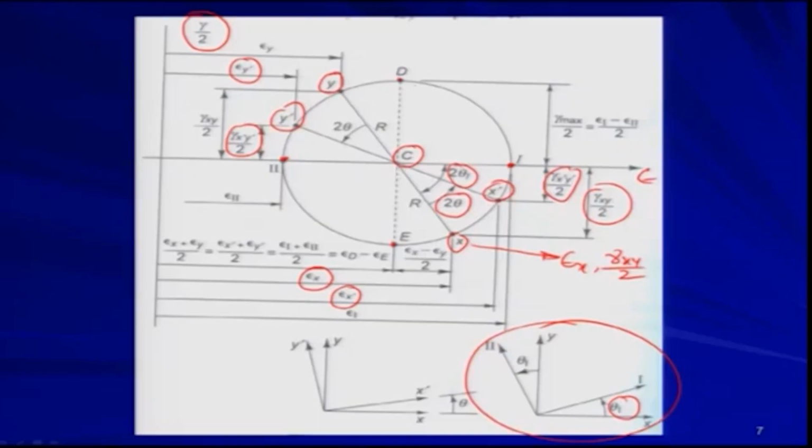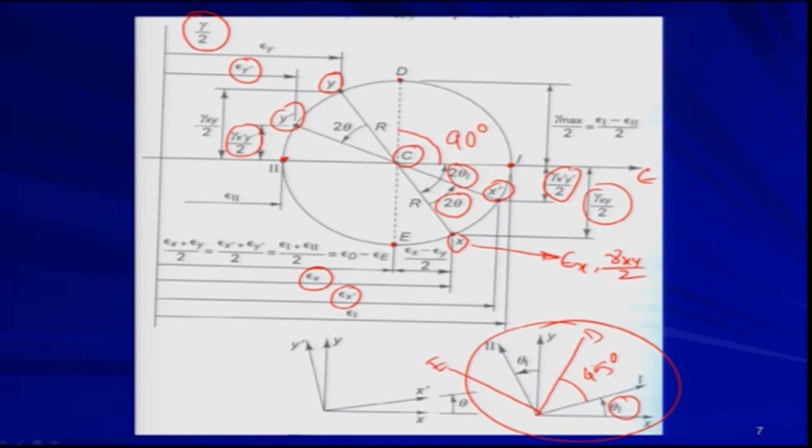This plane makes an angle of 90 degrees on the Mohr circle with the principal strain axis. Therefore, if you want to draw the axis on which the maximum shear strain acts, at D and E, this angle will be 45 degrees, pretty similar to stress.